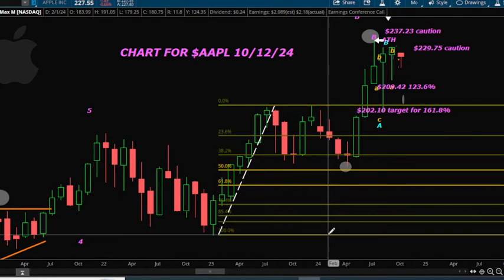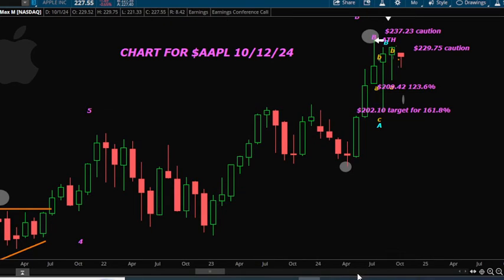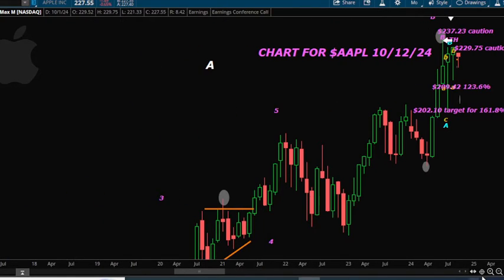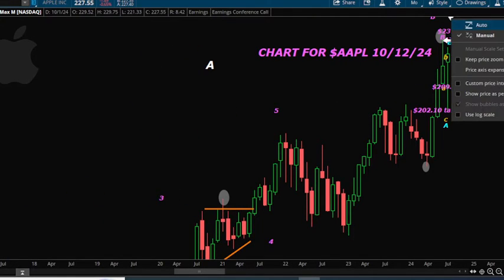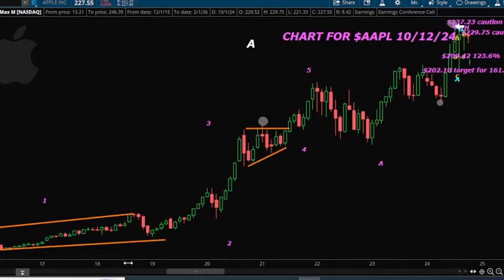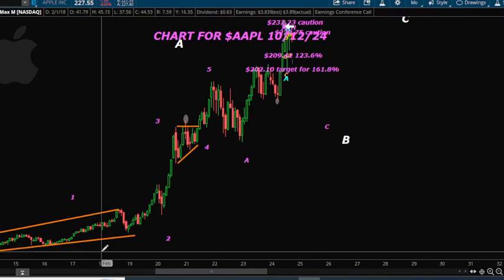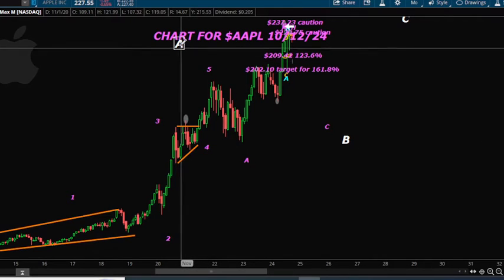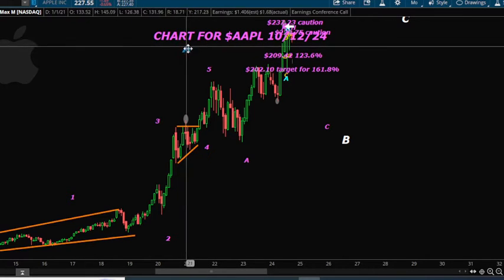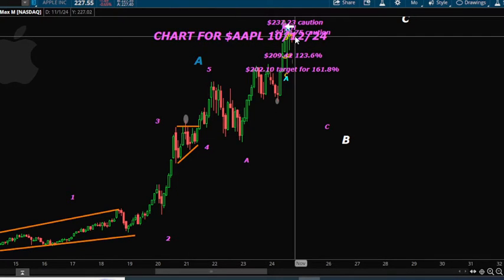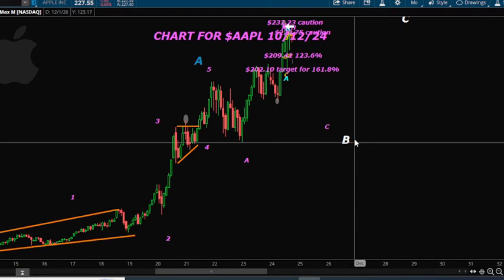Here's that one. I guess I'll do both of them. Okay, so just to recap real quick, and then we'll move into the 4-hour chart. 1, 2, 3, 4, 5 for A, B, working on a C for B.